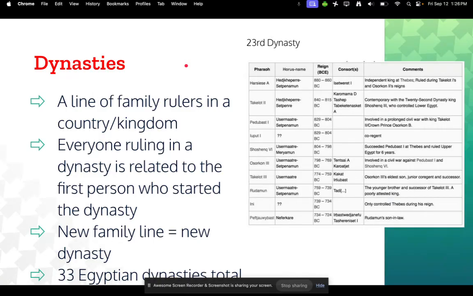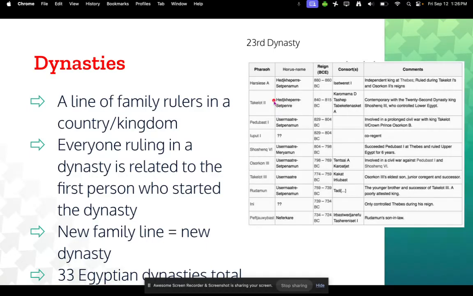All right, another good thing you need to know is dynasties. So, what are dynasties? This will be important to learn even when we do ancient China and Japan. It is a line of family rulers in a country or kingdom, meaning that everyone ruling in a dynasty is related to the first person who started that dynasty. So, for example, if the pharaoh here started the 23rd dynasty in Egypt, that means all of his descendants, or all of these people below him, would be somehow related to him.